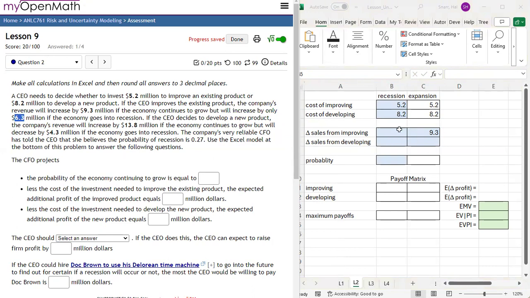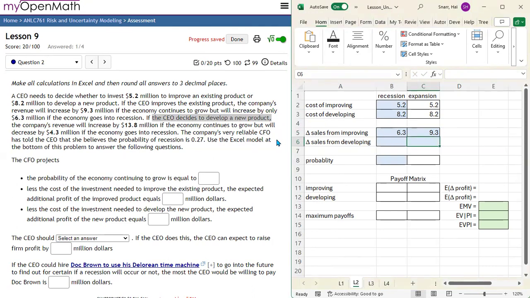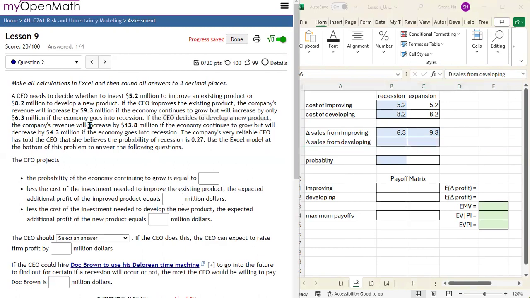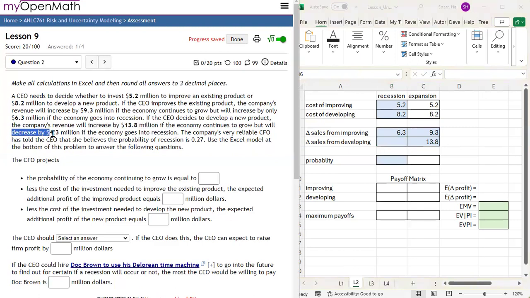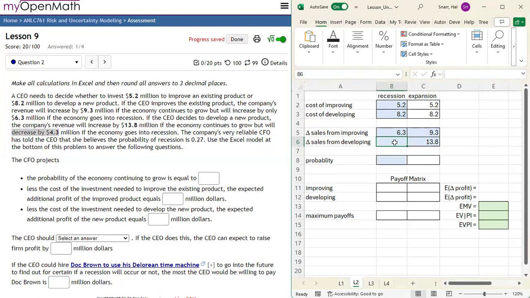So this is only 6.3 million here. If the CEO decides to develop a new product, we're in this row, the company's revenue will increase $13.8 million if the economy continues to grow, but will decrease by 4.3 million if the economy goes into recession.